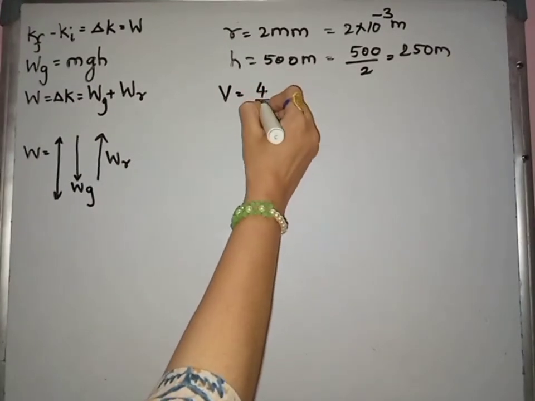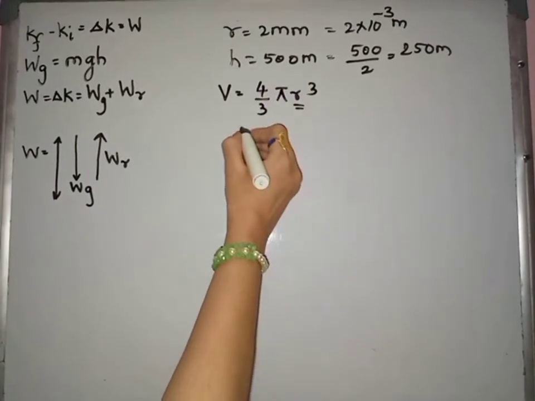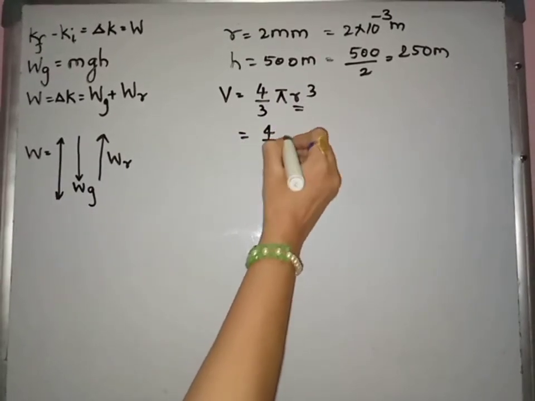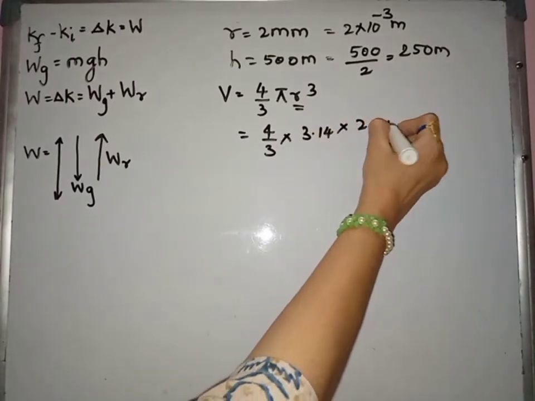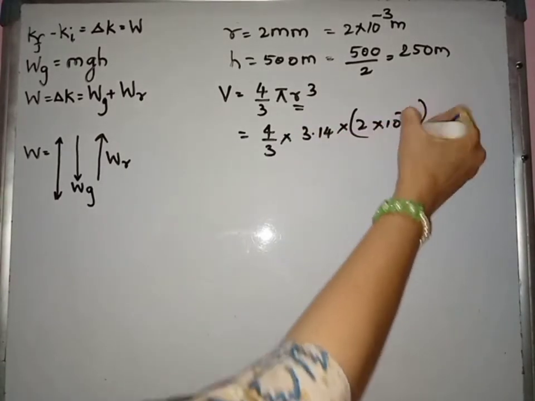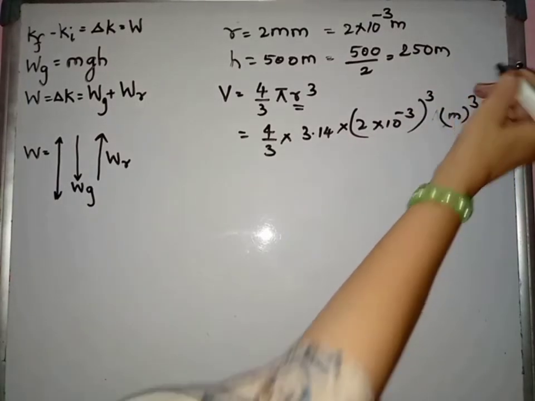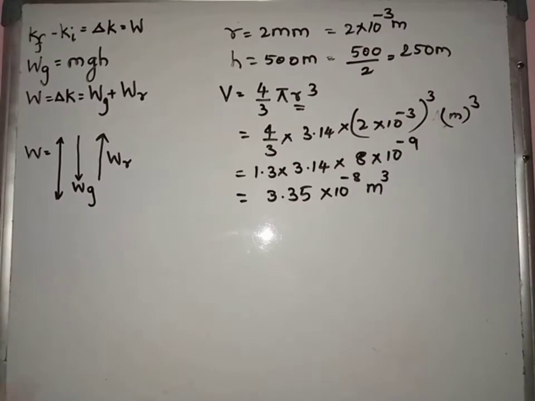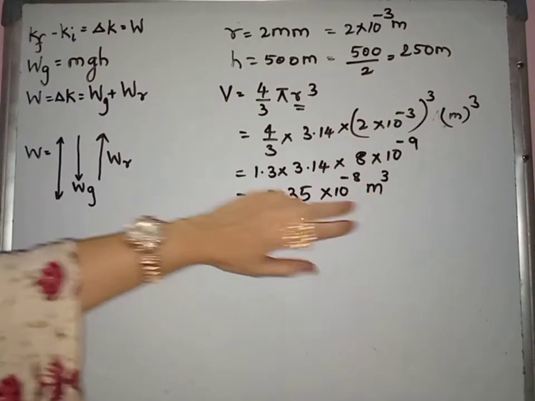Volume is 4 by 3 pi r cube. We know the radius. We'll substitute the values. 4 by 3 into 3.14 into 2 into 10 to the power minus 3 raised to 3. So we have got the volume 3.35 into 10 to the power minus 8 meter cube.